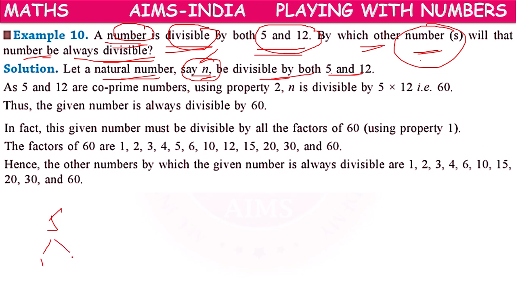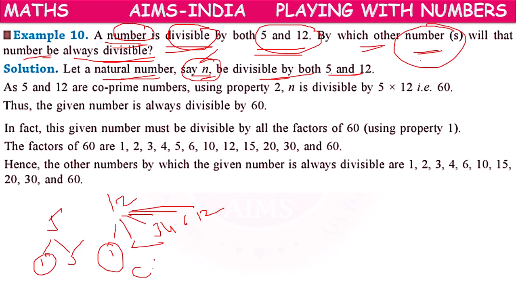The factors of 5 are 1 and 5. The factors of 12 are 1, 2, 3, 4, 6, 12. What is common? Only 1 is common. So they are co-primes. So here 5 and 12 are co-prime numbers.